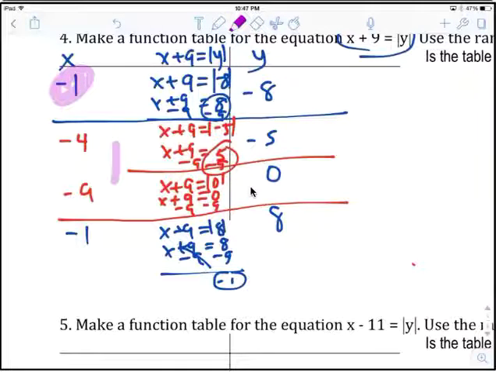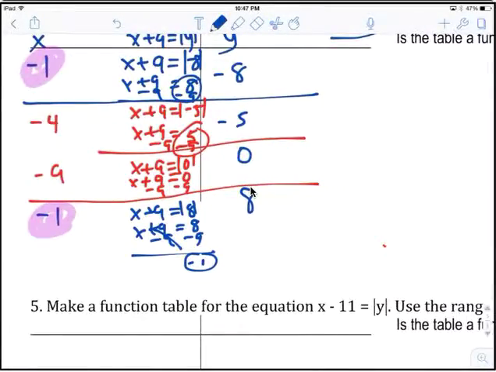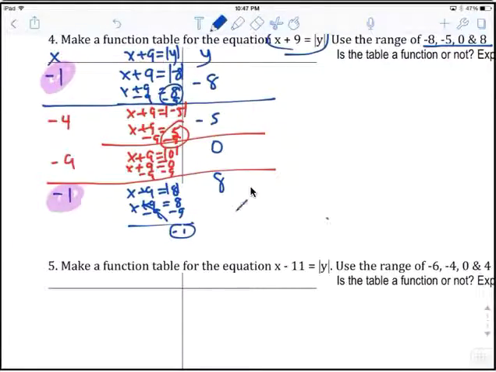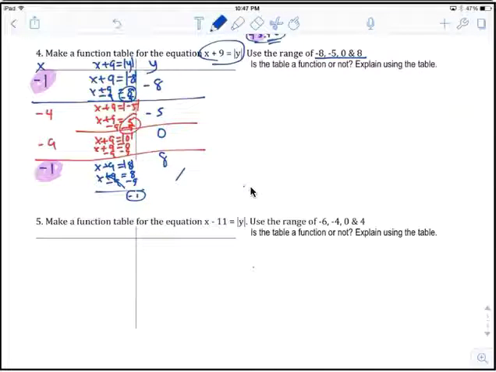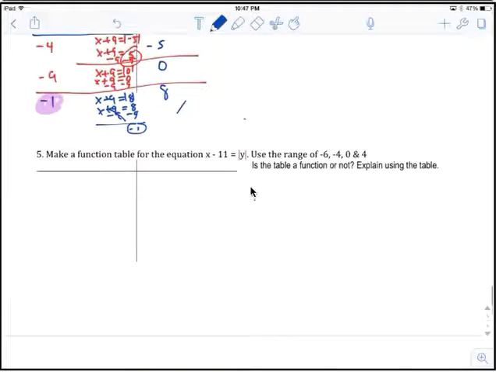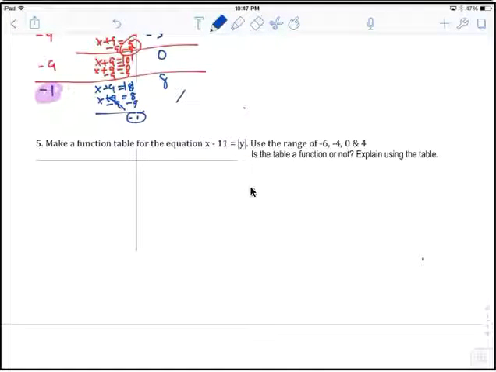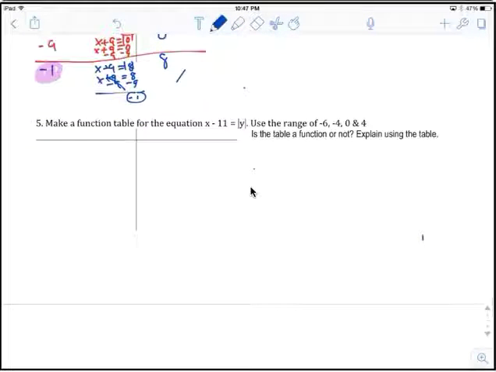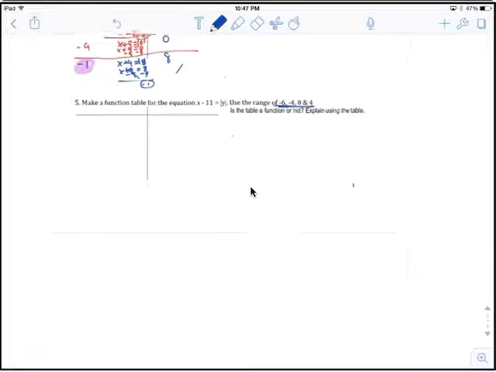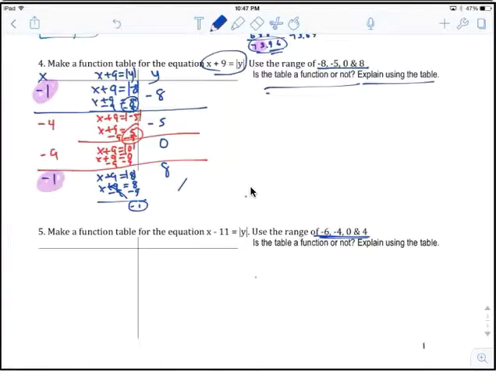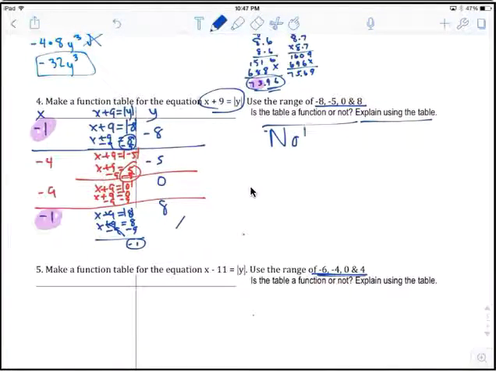Domain is the same, so it is not a function, because domain of negative 1 repeats. Same here again, but you're just using different numbers. I assume you know how to do this. So this is not a function because the domain of negative 1 repeats.